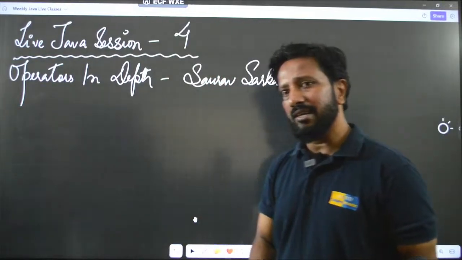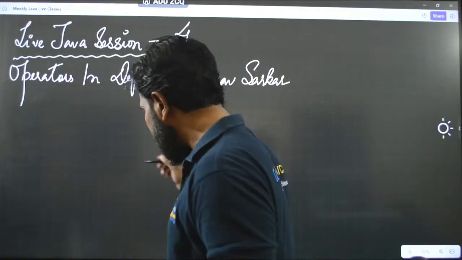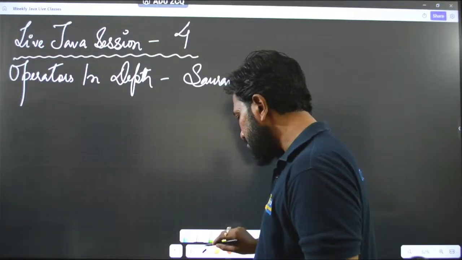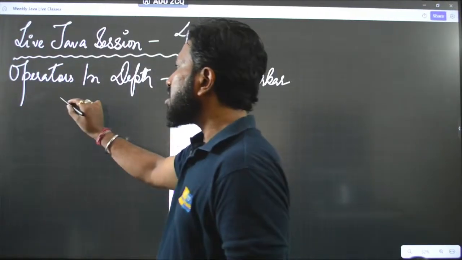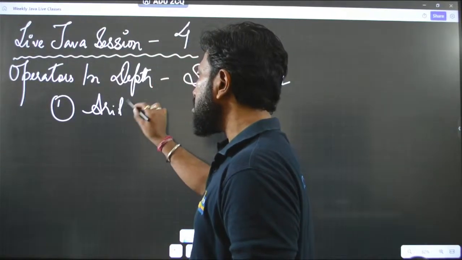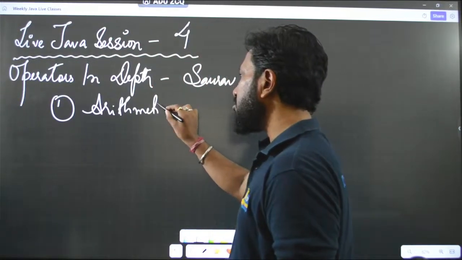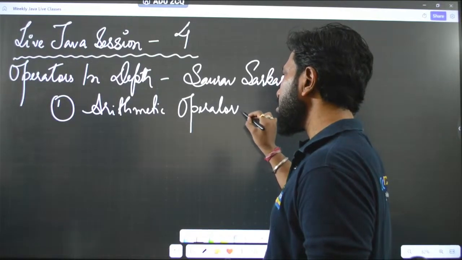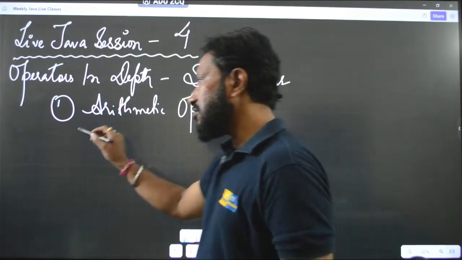And I think in the earlier class we had already covered the arithmetic operators, correct? And I told you all the types.